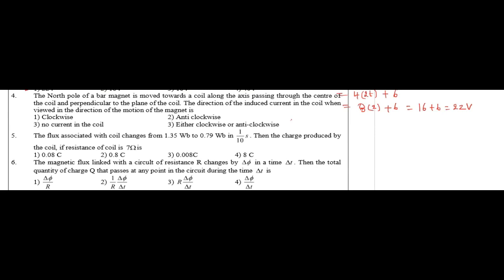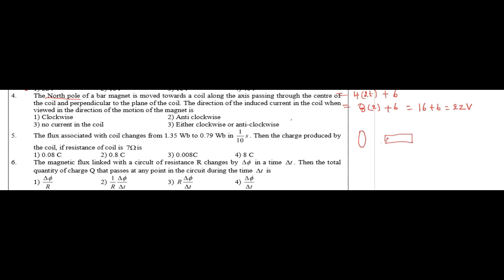The north pole of a bar magnet is moved towards a coil along the axis passing through the center of the coil, perpendicular to the plane of the coil. The direction of the induced current in the coil when viewed in the direction of motion of the magnet is. So we have a coil. To this coil a magnet is pushed in.